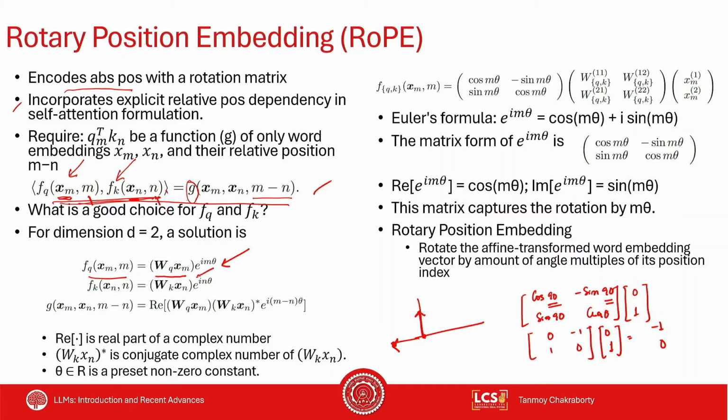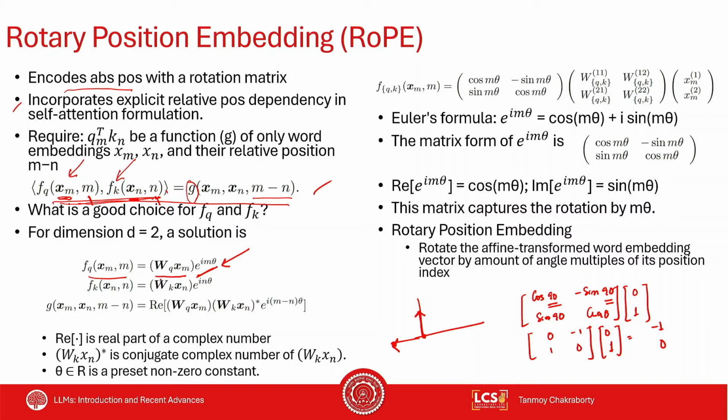We introduce this factor, e to the power i m theta, the imaginary part. What is m? m is the position of the query. What is theta? Theta is the rotation value. So I will capture the position information using this imaginary component.